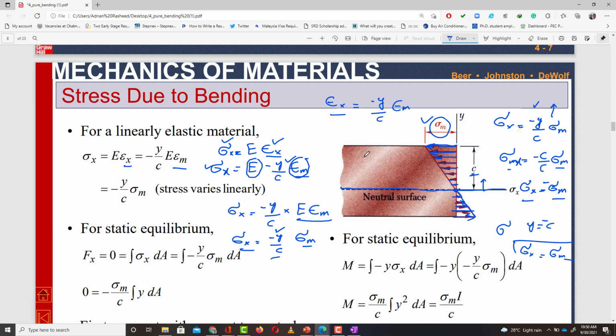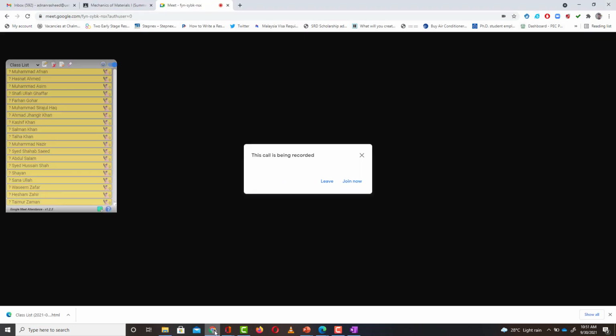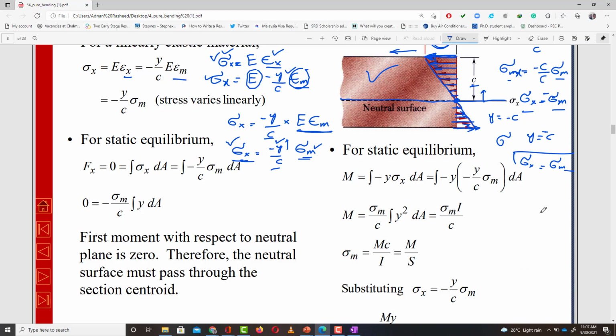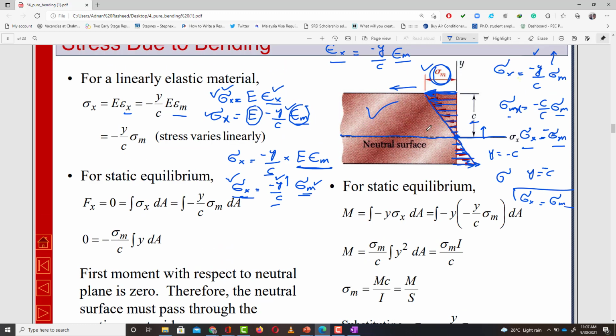Did you understand the stress distribution in the beam? Okay, so till now we have explained that stress varies linearly with y.